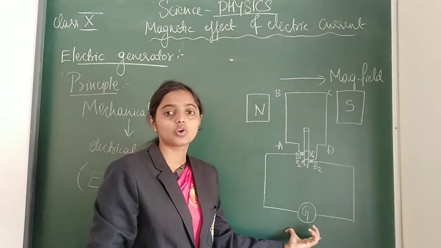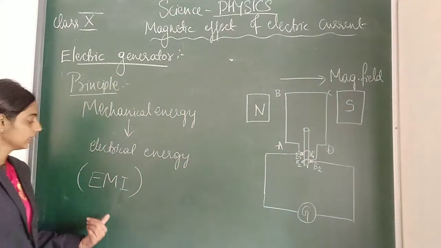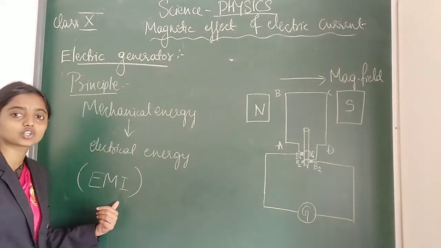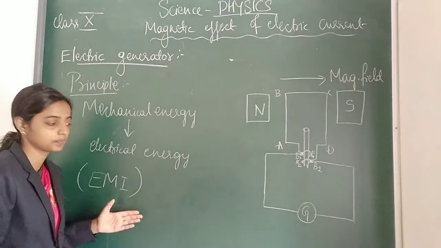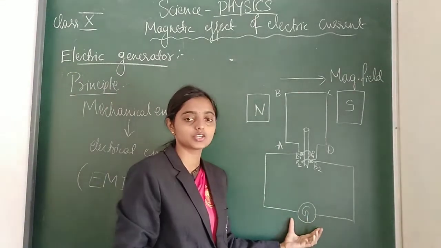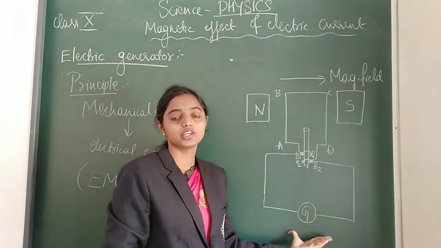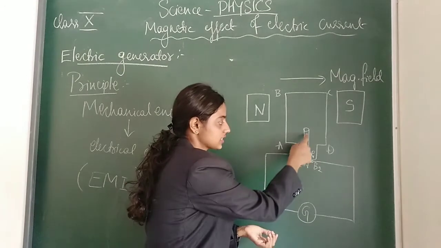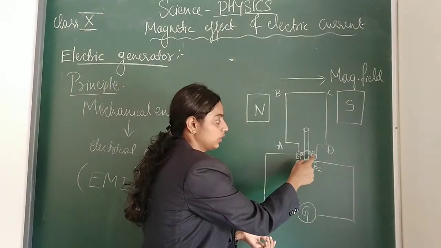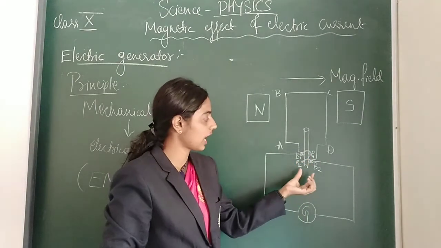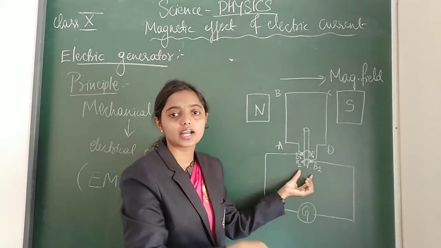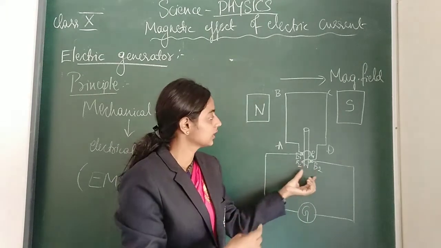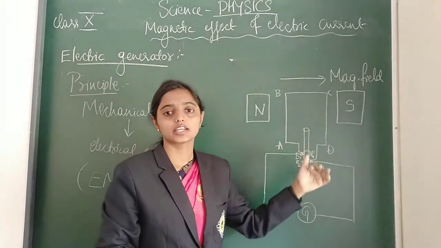What is the role of the galvanometer? As I told, it works based on the electromagnetic induction principle, and this galvanometer shows the direction of the induced current, right? This axle is connected to ring 1 and ring 2. That means if the axle is mechanically started to rotate, then the coil will also start to rotate.